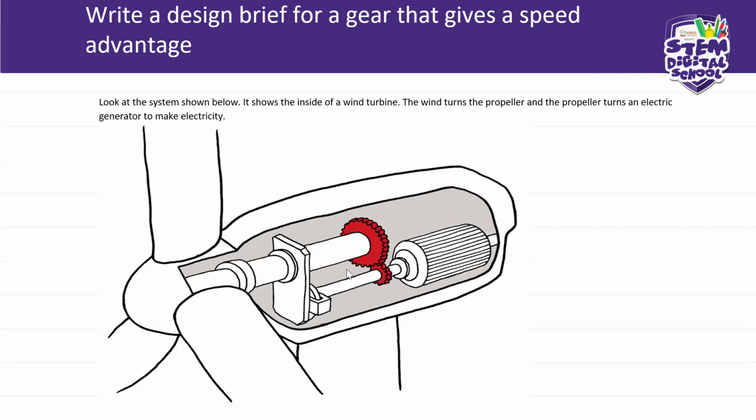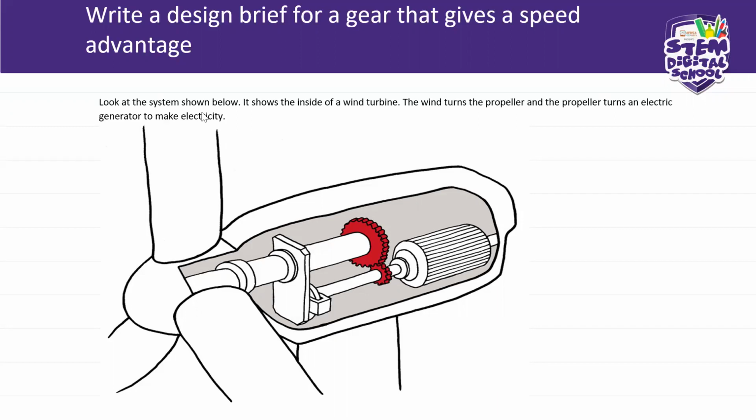And you have this drum here, okay? Now, this system will give us mechanical advantage if this small gear is the driver. If it is driving this bigger gear, then that will give us mechanical advantage.